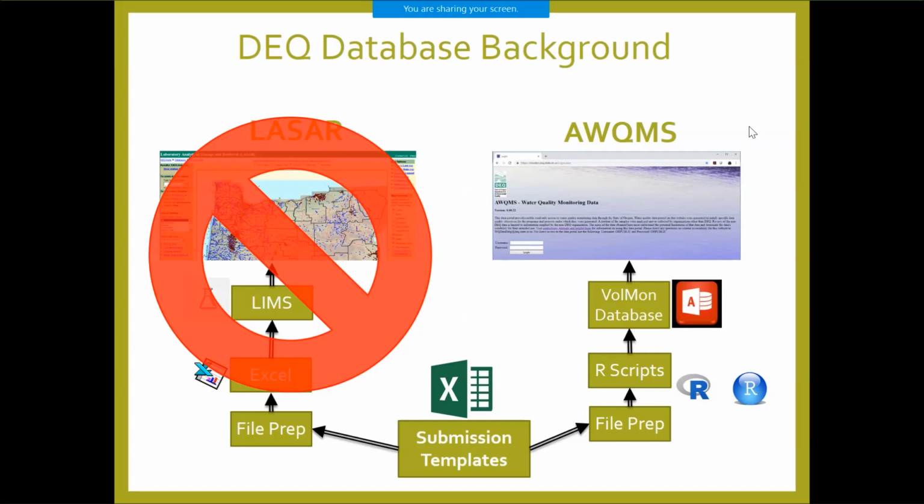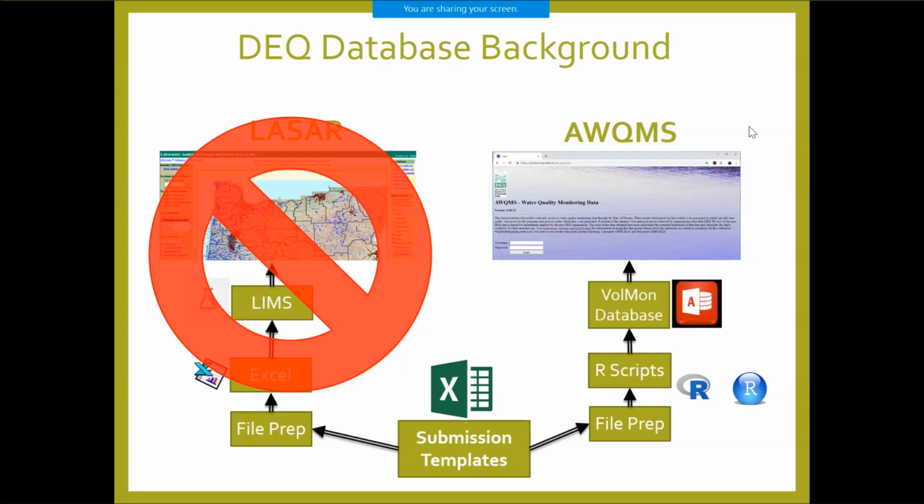The other thing I want to make sure is clear is that there are several processes. At the bottom of the screen are the submission templates that you should be familiar with as you fill out the sample analysis plan, and I think we're going to talk some more about that. But there are several steps from the submission template.